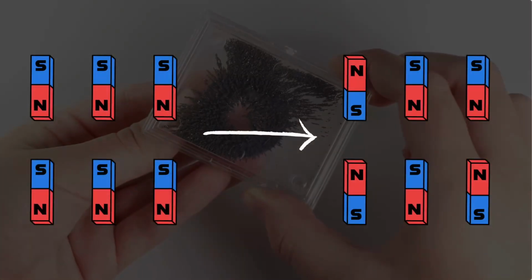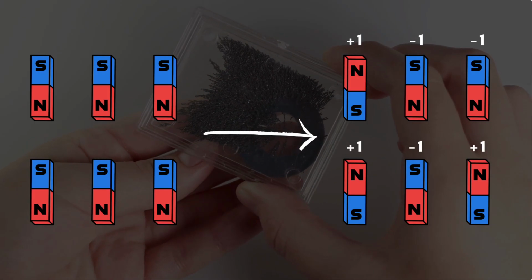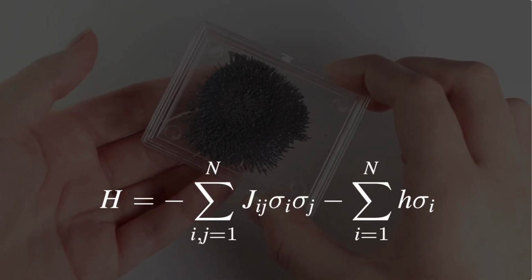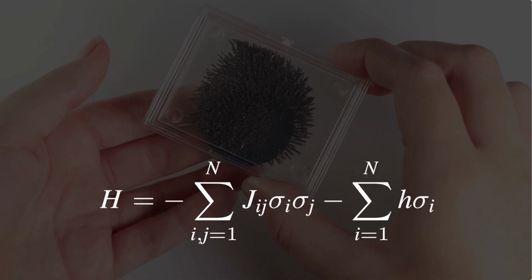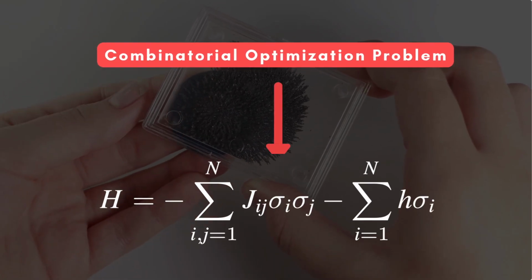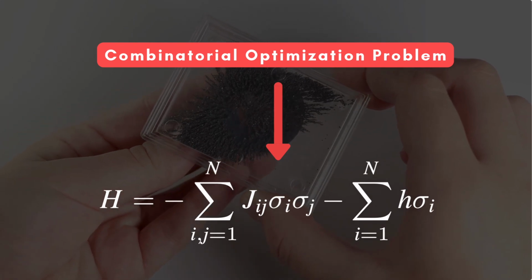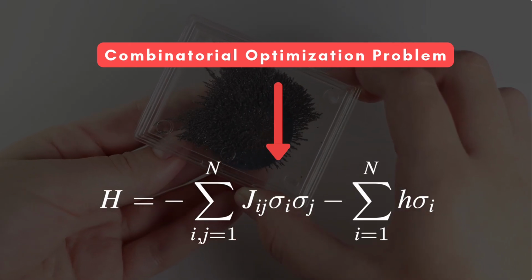For example, magnets placed close together naturally orient themselves to minimize the total energy of the physical system. And this equation, known as the Ising Hamiltonian, describes the energy of such a physical system. So by mapping these combinatorial optimization problems onto this Ising Hamiltonian, we might be able to efficiently approximate solutions to these problems using Ising machines.